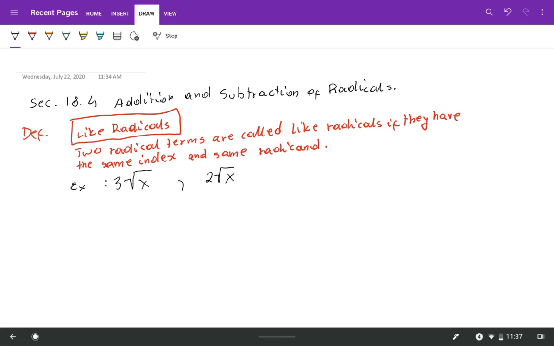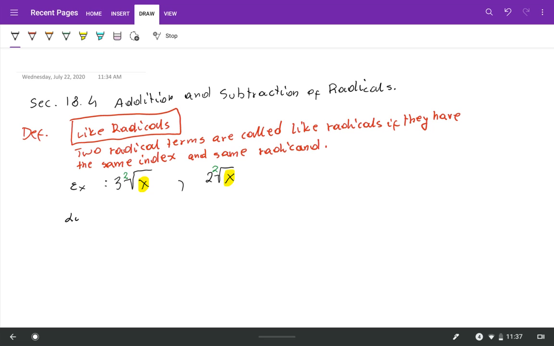They are like radicals because both have the same index, which is 2, and the same radicand, x, which is the number under the radical. So they are like radicals.